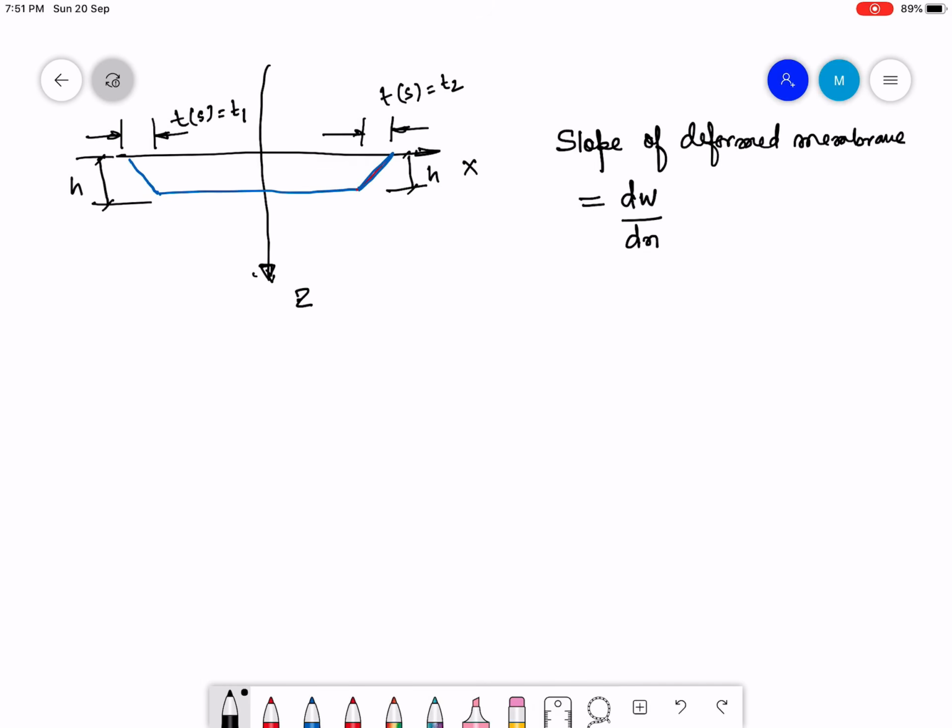And we know that this is analogous to d phi by dn, where phi is the stress function. And d phi by dn is nothing but the tau, which is the shear stress resultant at the point in tangential direction.